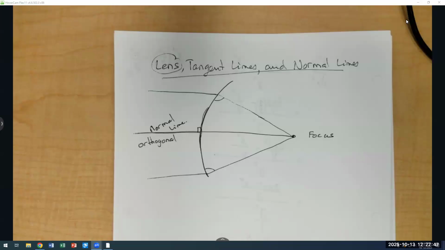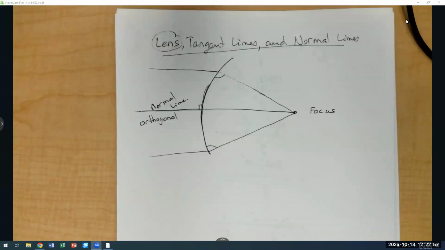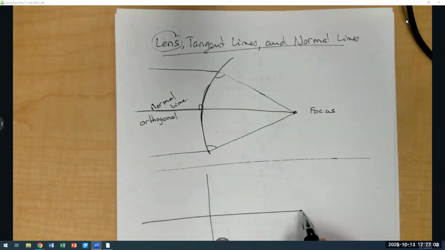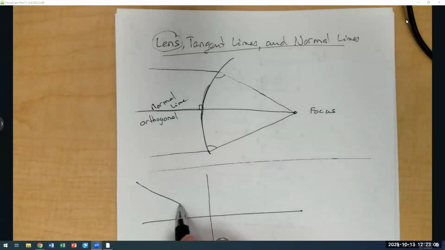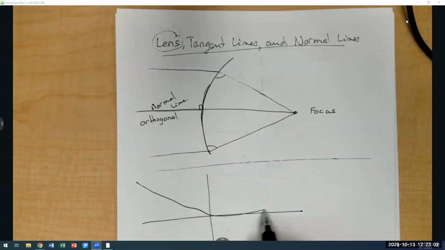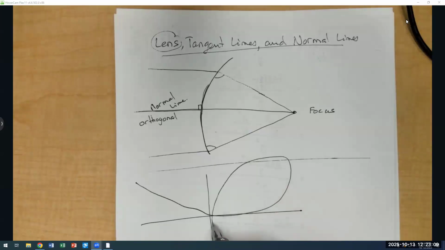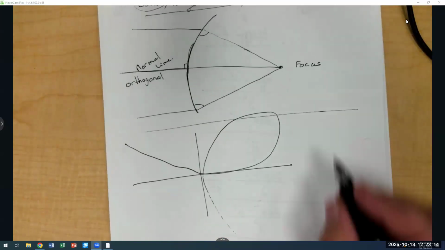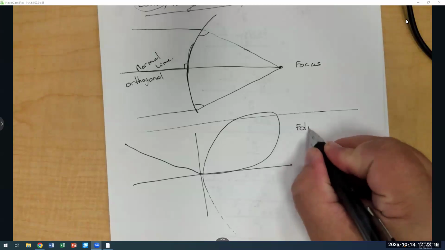That's the most direct path from the source of the light to the focal point in the eye, or of the apparatus, if it's a camera or something. So it works with any type of curves.